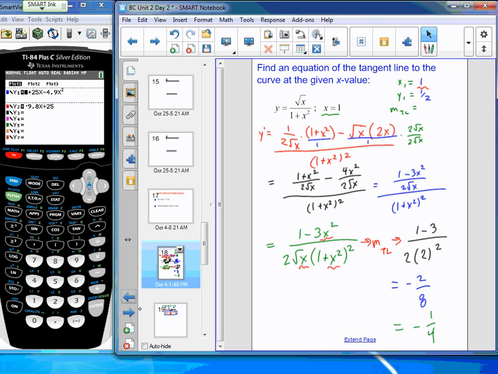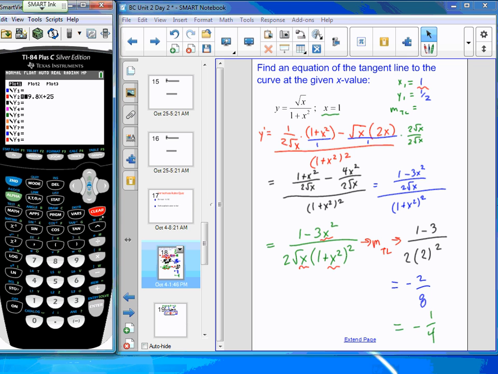Our original function was the square root of x over quantity 1 plus x squared. And we're looking at x equals 1.